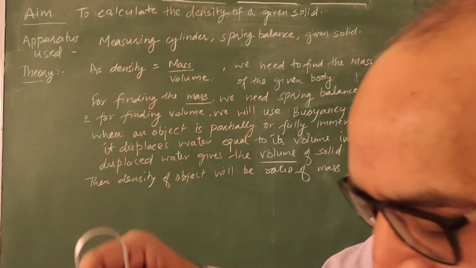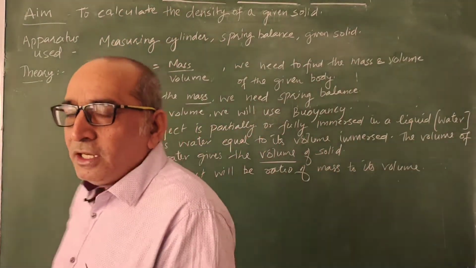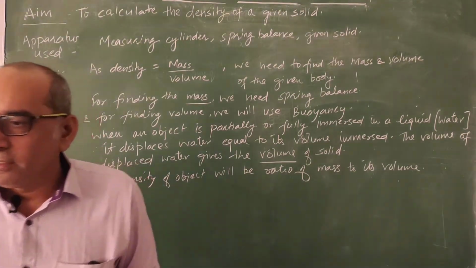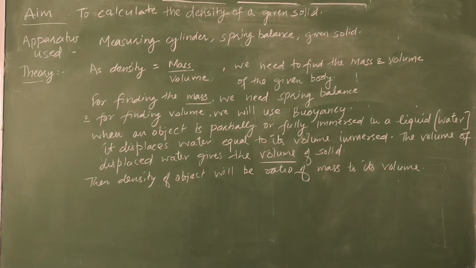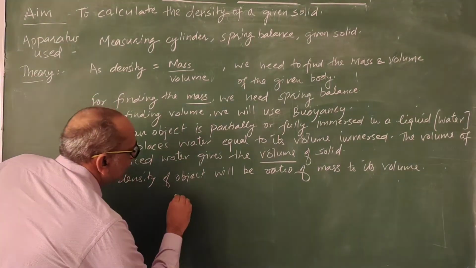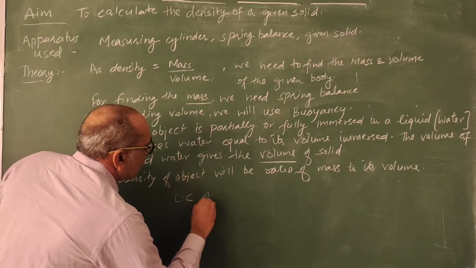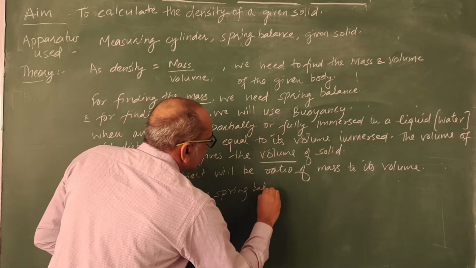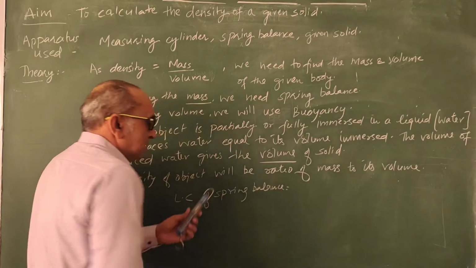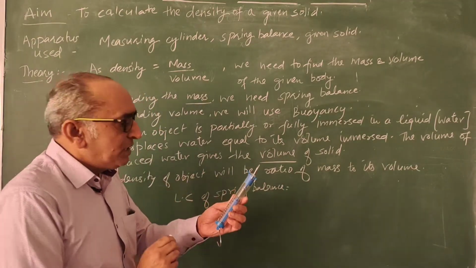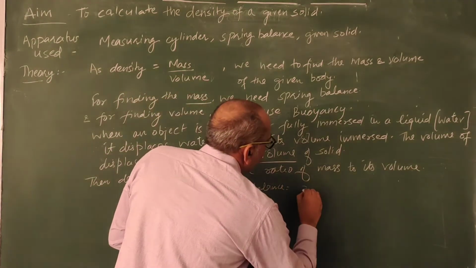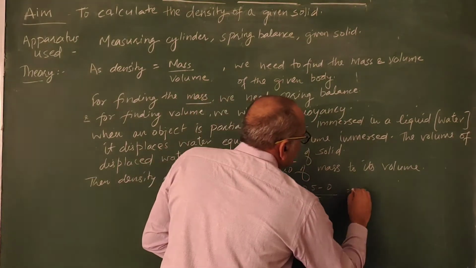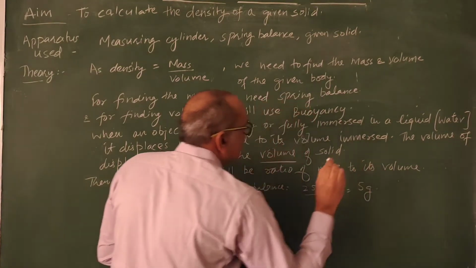So first of all, we need to find the least count of the apparatus which we are using. Here I am writing the least count of the spring balance, the one which we are using. This is 25 minus 0 upon 5, which is 5 grams.